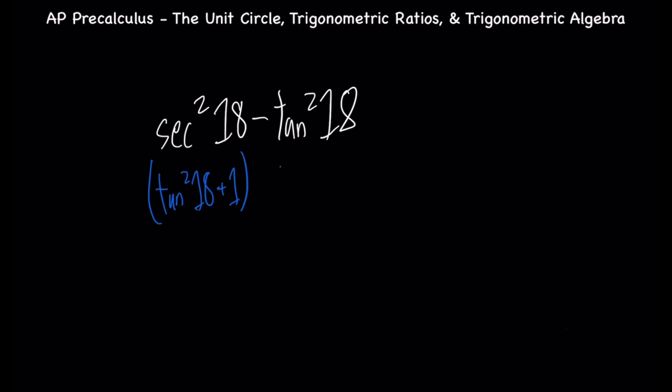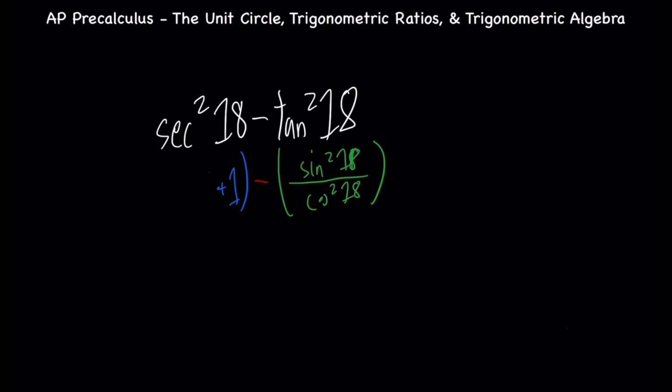And then tangent squared of 18 is pretty much just equal to sine squared of 18 over cosine squared of 18. How do we get this? We got this from the formulas that we just went over. And then to simplify this more, tangent squared 18 is equal to this entire thing. So you can just erase all of this real quick.